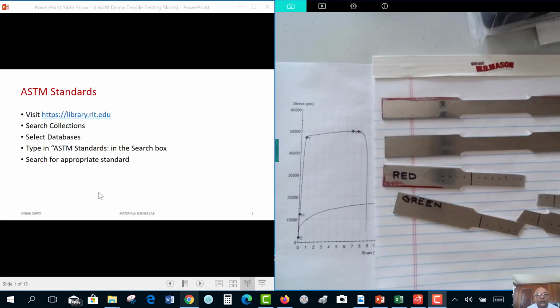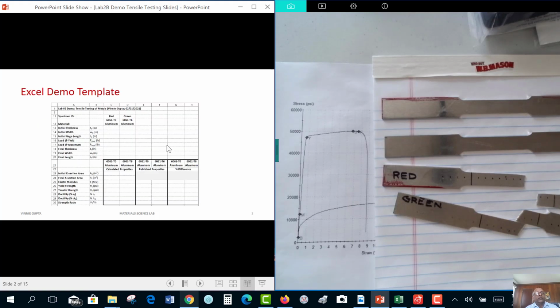Okay, so we are ready to process our tensile test data. I have my spreadsheet here all set up. If you want to follow along, please have it set up. Remember, we collected our data in the form of graphs. So this is my red curve. It doesn't show up in the camera.